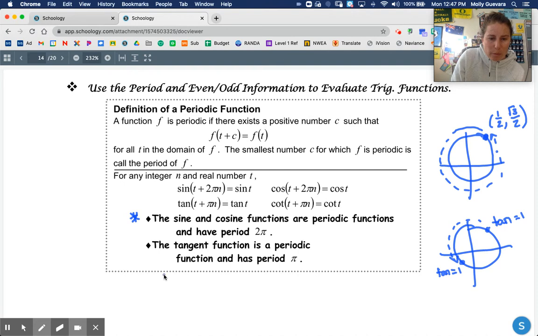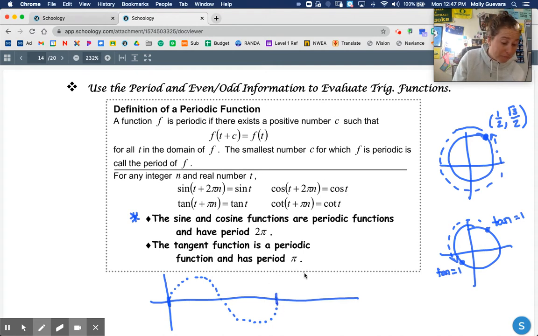When we talk about an actual graph, when we're going to be graphing sine and cosine, if this is my starting point, a graph will do this. So this is the graph of sine, and then it gets back here. Notice that this is the same point as this, right? They're both at 0. It's the equilibrium. So this distance right here is 1 period.